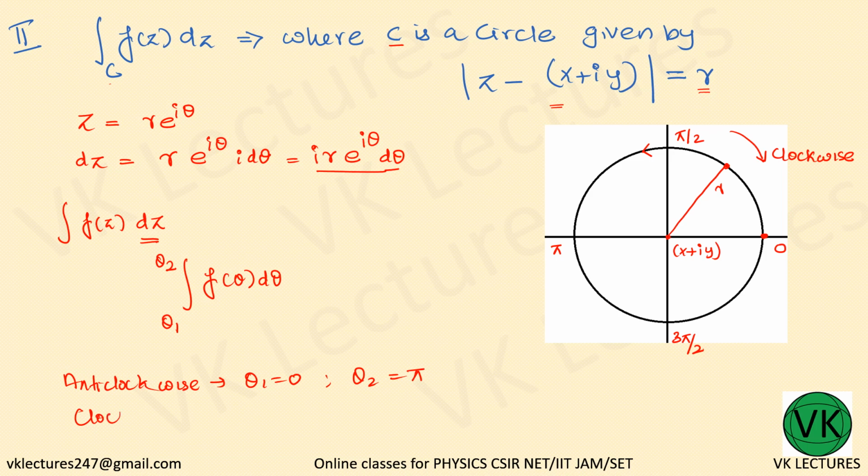Clockwise means theta 1 will become pi and theta 2 becomes 0.